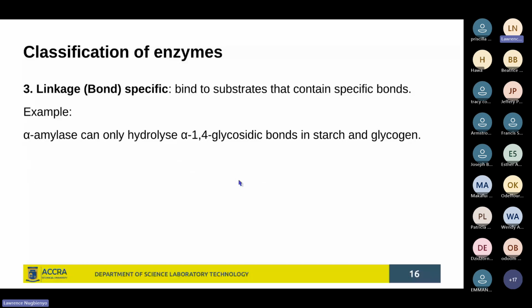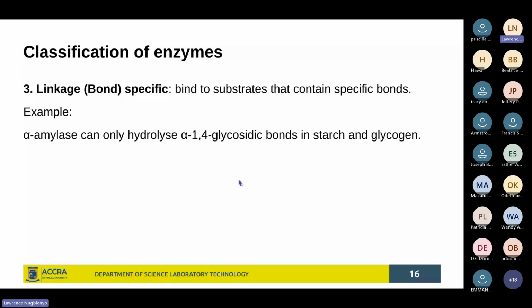For instance, our salivary amylase can hydrolyze alpha-1,4 glycosidic bonds in starch, breaking it down first to maltose, and later into glucose, so that you have that as an energy source for the body.